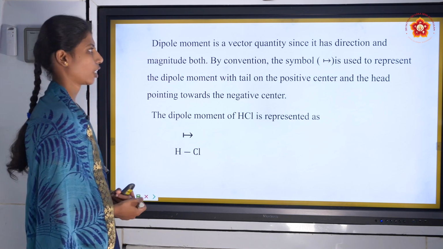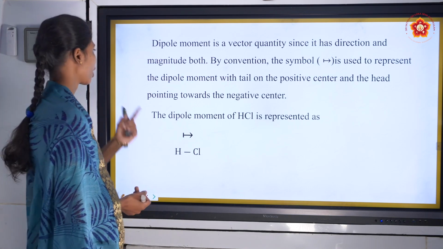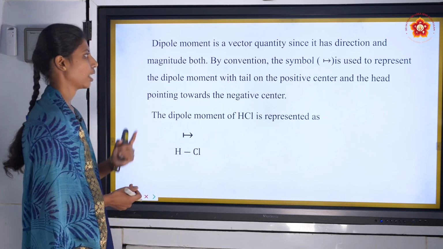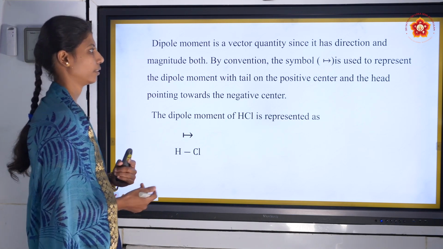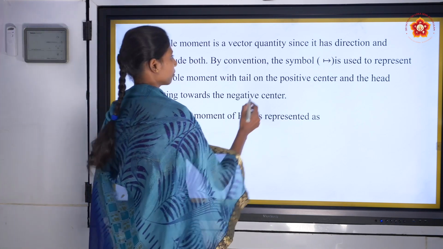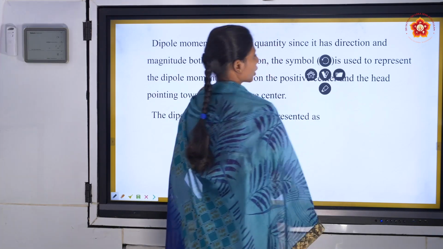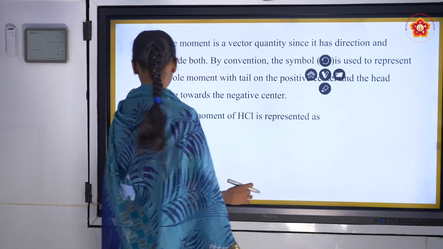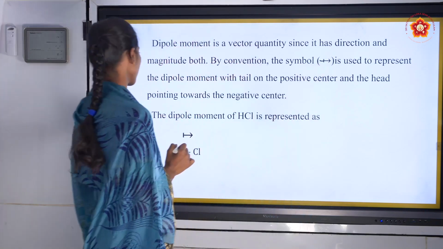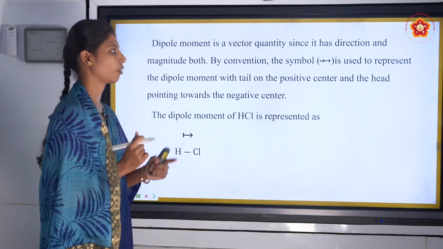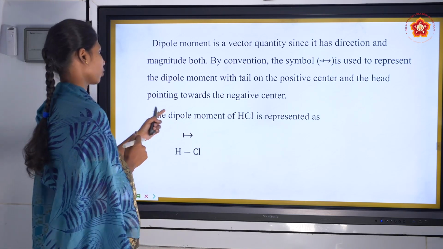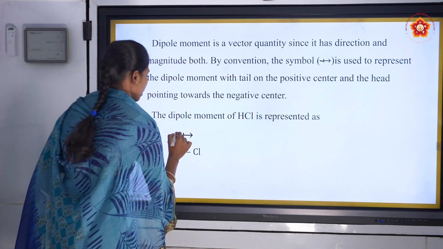Dipole moment is a vector quantity since it has both direction and magnitude. By convention, an arrow symbol is used to represent the dipole moment with the tail on the positive center and the head pointing towards the negative center.